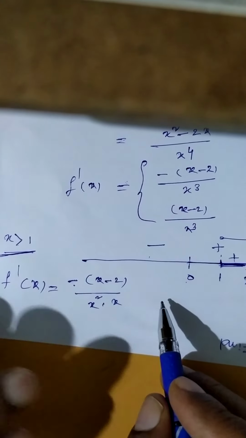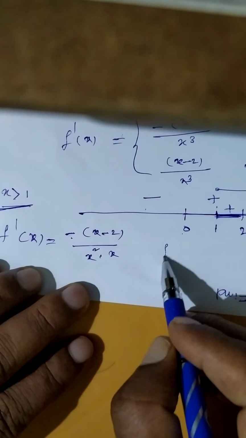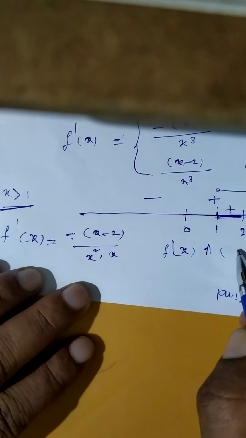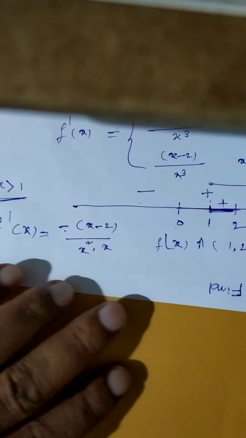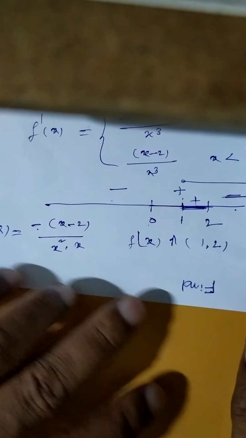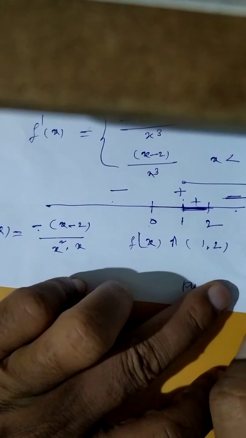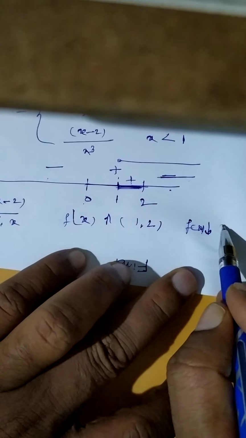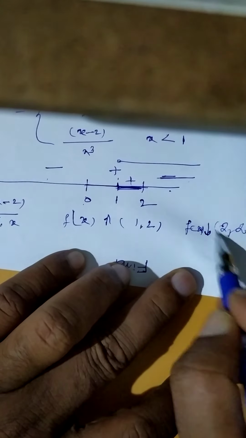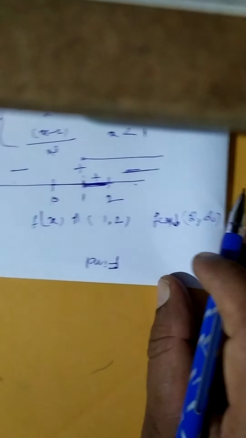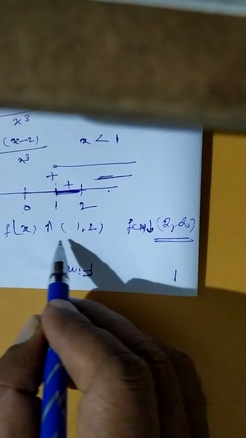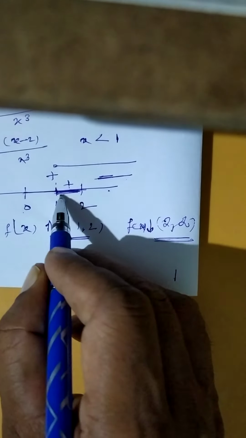Therefore, in this case f of x is increasing in the interval 1 to 2, and f of x is decreasing in the interval 2 to infinity.